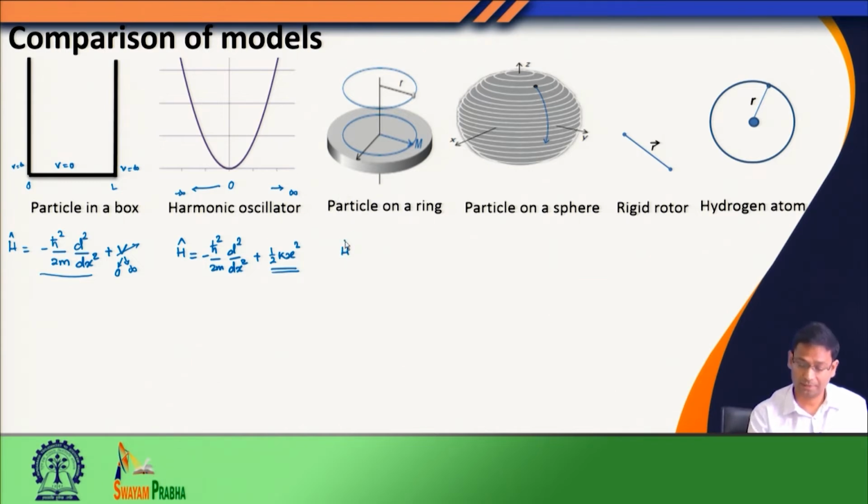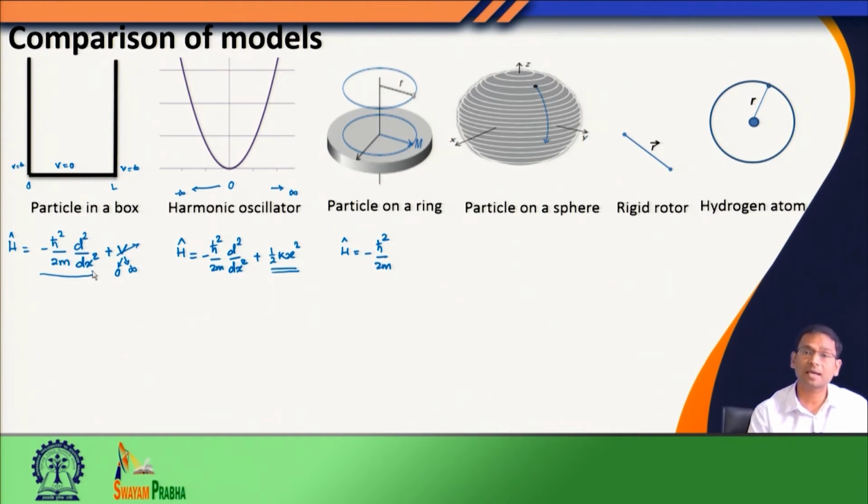Again, if I have to write down the Hamiltonian, there is a particle with some mass m, so I write down h bar square by 2m. Now, the particle shows a motion in the x y plane, so I have to define two axes, x and y, and when the particle goes around a ring, it actually moves in the x and y axes. So, I could have written this Hamiltonian as minus h bar squared by 2m, d squared by dx square plus d square by dy square.